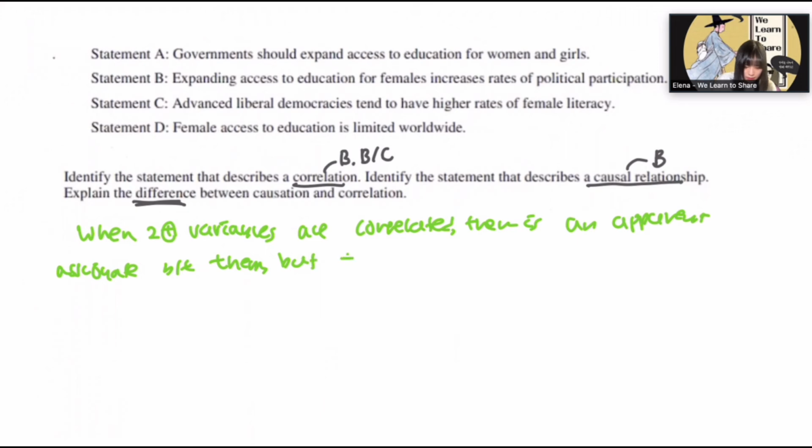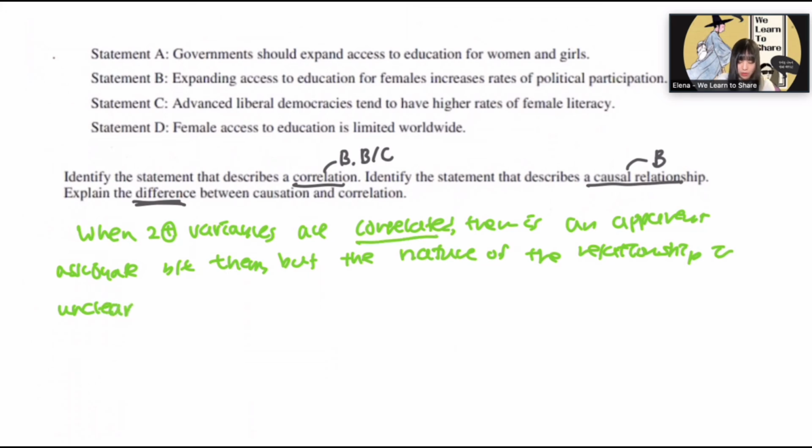However, the nature of the relationship is unclear, which means that when there is a correlation between two variables, you cannot guarantee if it also has a causal relationship between these two correlated variables.